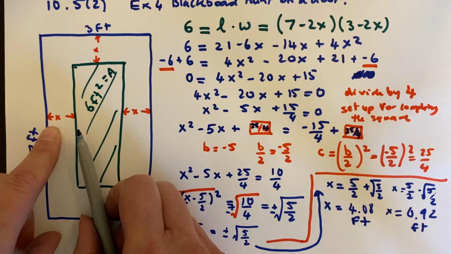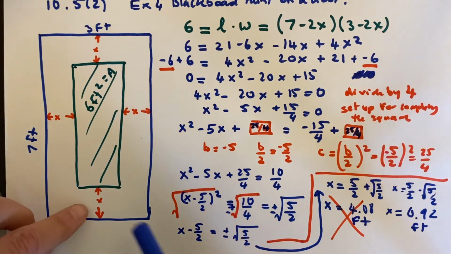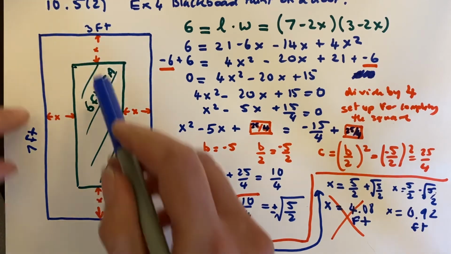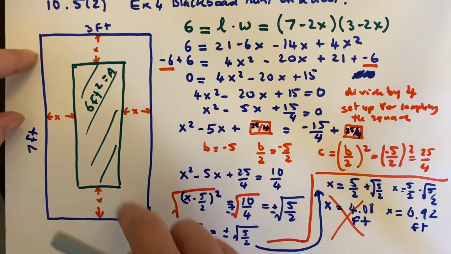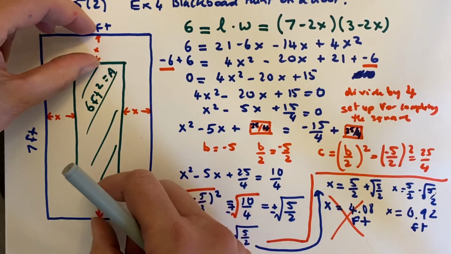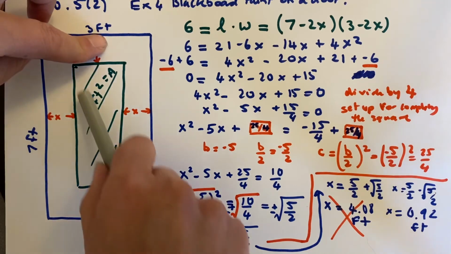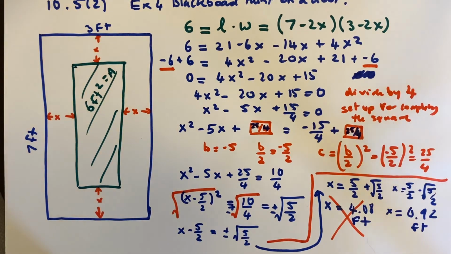Well, it makes a whole lot more sense for this border to be 1 foot or close to 1 foot, 0.92. So we now know this cannot be an answer, because if this border were 4 and 4, the combined border itself would be bigger than the door itself, right? So 0.92 does make sense because it's about 1 foot plus 1 foot, and this is about 5 feet, that makes sense.